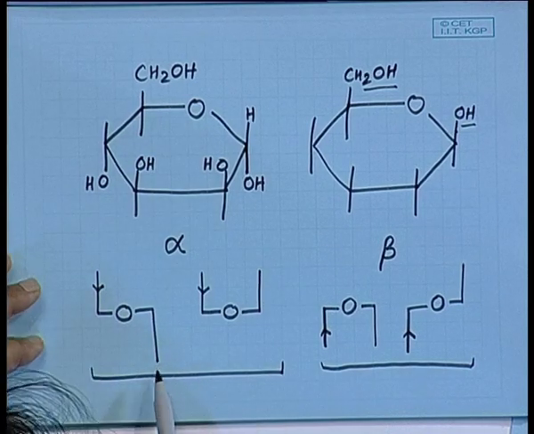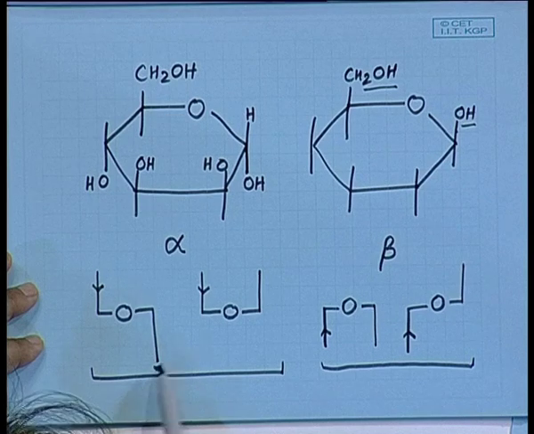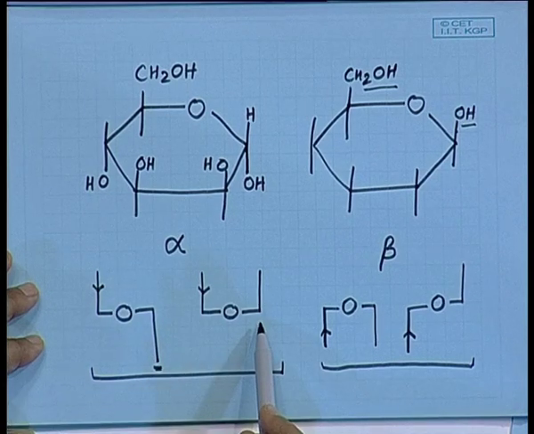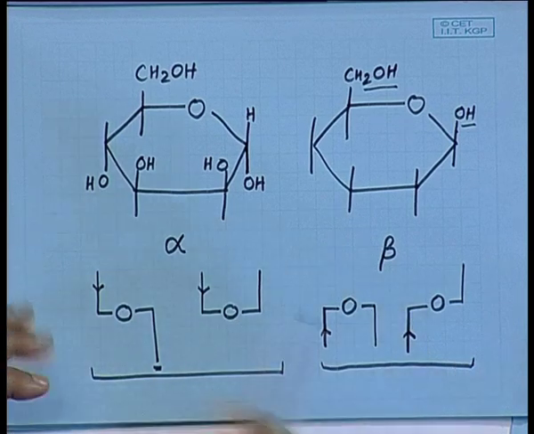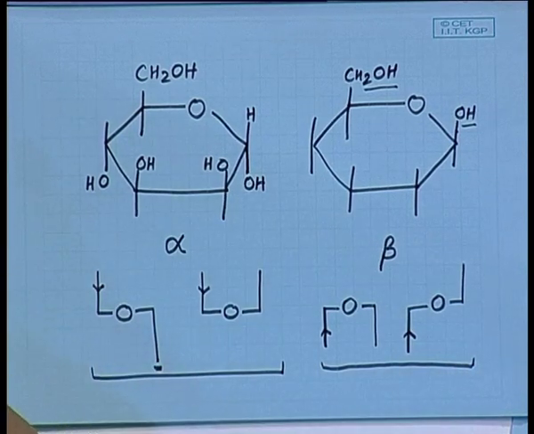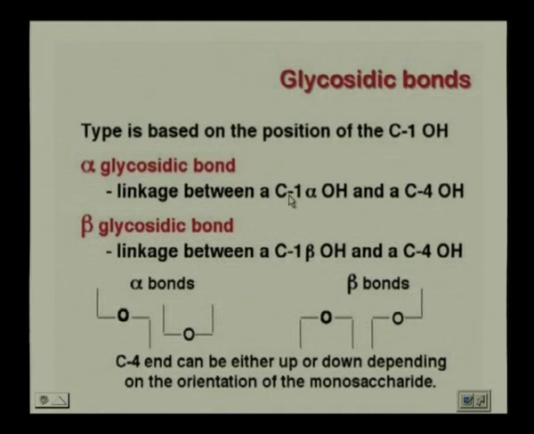Right? So, we have this either looking like this or like this, and the same thing in the beta case. Okay? That is why, suppose we have it linking to the C4, which is the 4th carbon of the next monosaccharide unit, then the C4 end could have the oxygen where?